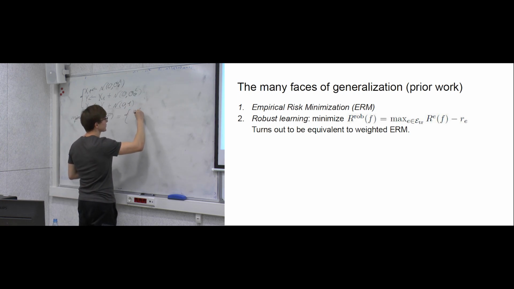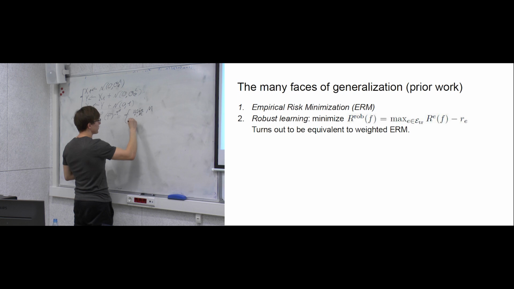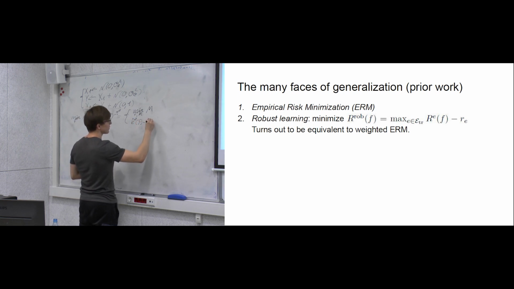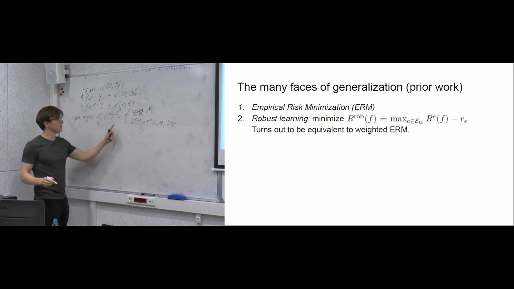We want to minimize across Fm, M, where our risk minus baseline. Is that okay?